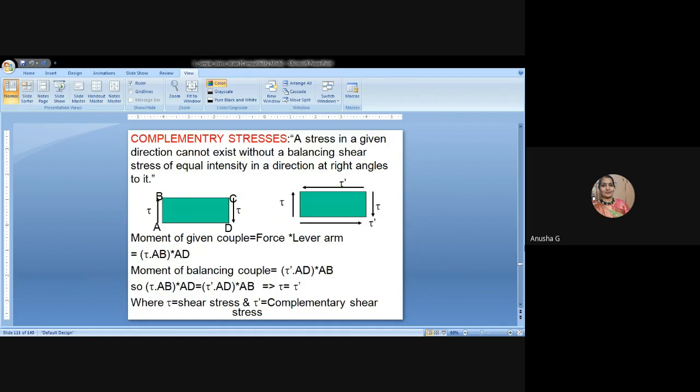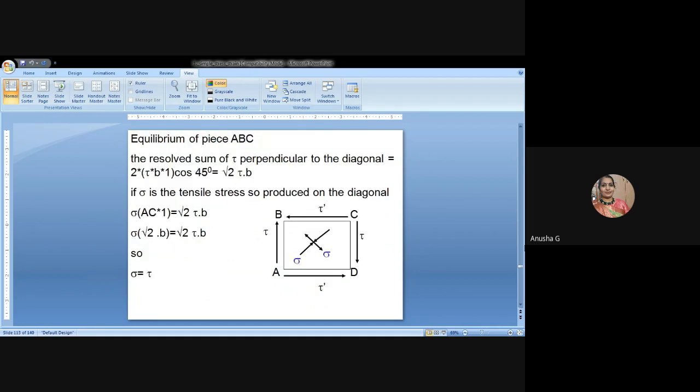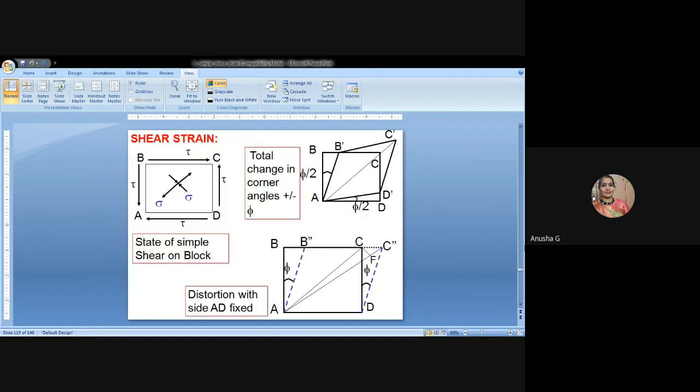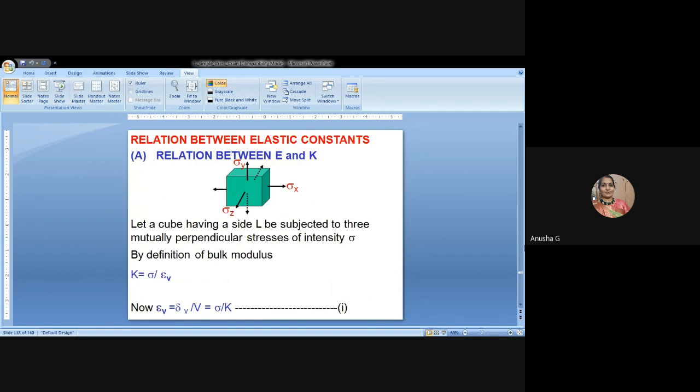With some examples you have to consider equilibrium conditions, and then solve some problems. Here you can see the shear strain, the state of simple shear of a block, and the total changes that have to be considered. For different problems, the relationship between E and K is needed, where E is the modulus of elasticity and K is the bulk modulus.